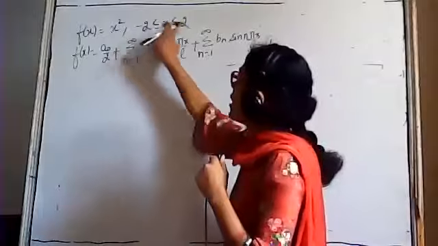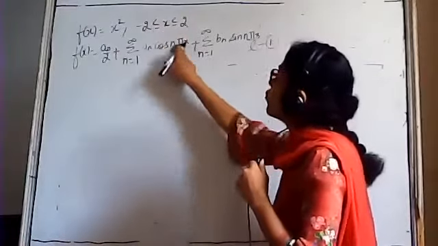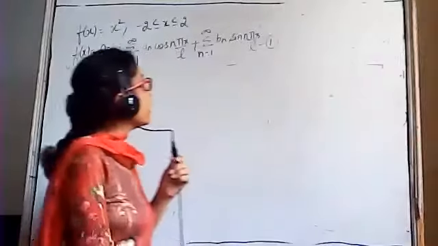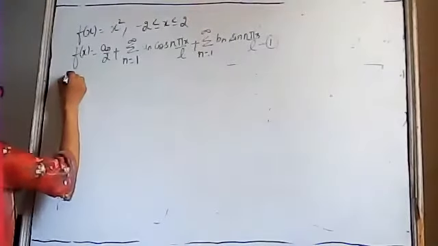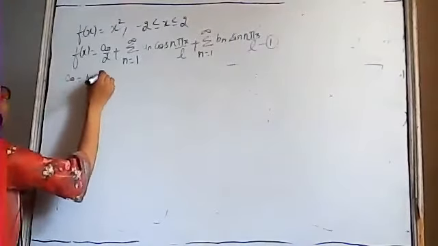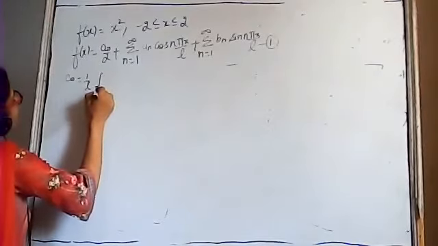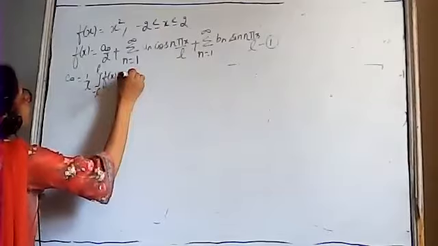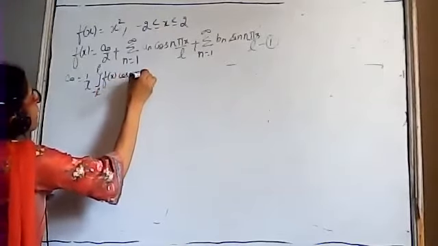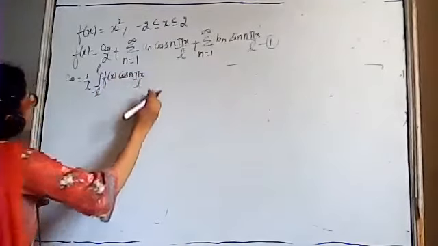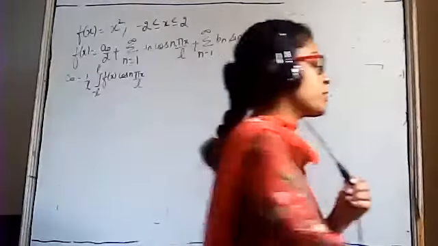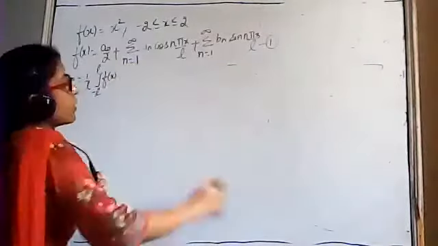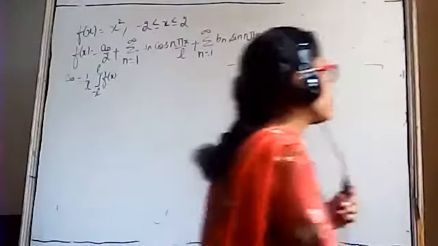If we have constant limits, in that case we will use L in the denominator, where a0 is given by 1 by L integral from minus L to L f(x) dx.